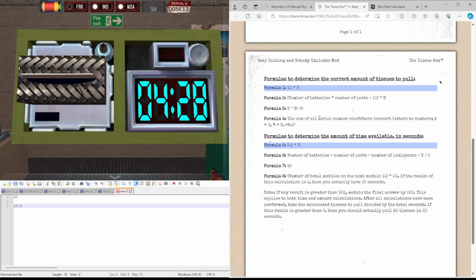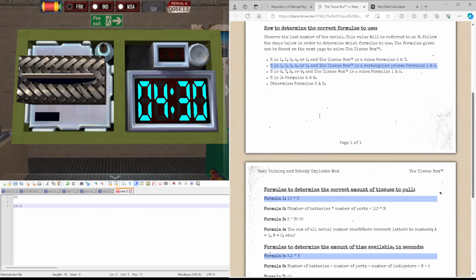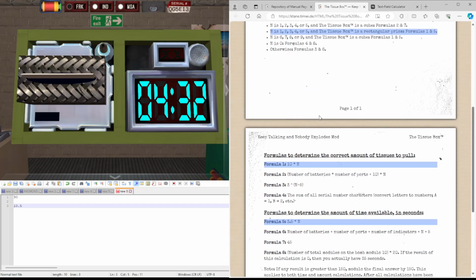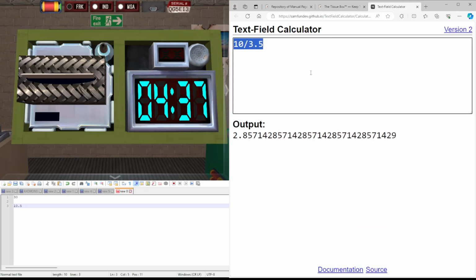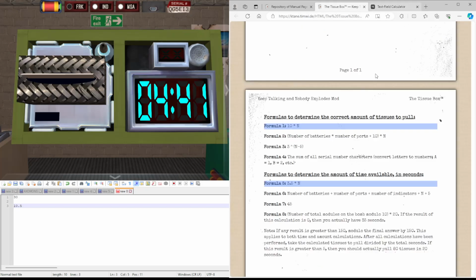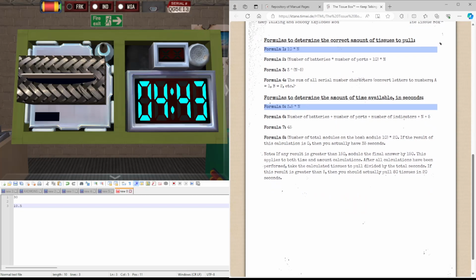In most cases, unless some moduloing happened, which I don't think can happen, because the most you can get is 90 and whatever this would be. So this one is always going to be valid. So we're going to be pulling 30 tissues in 10.5 seconds.